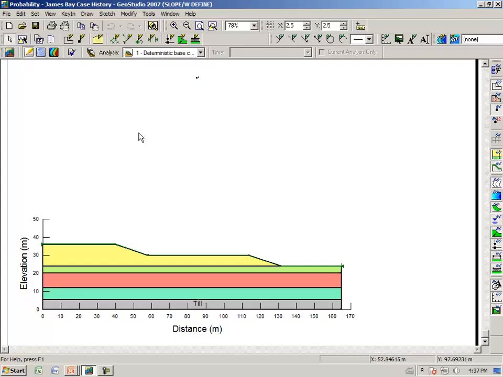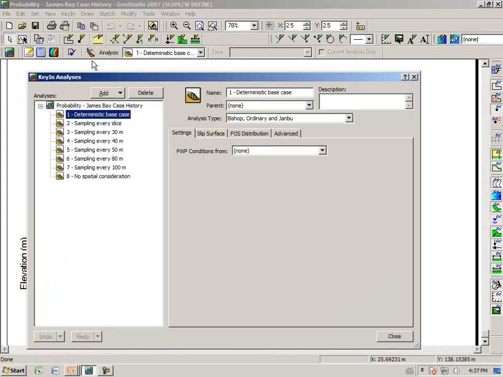It is a very interesting case history that has been mentioned in the research literature several times, but what I want to draw your attention to here is that under the analysis tree, you can see that we have the deterministic case. We can see what happens when we sample the soil strength every slice, or every 30 meters, every 40 meters, or every 100 meters.